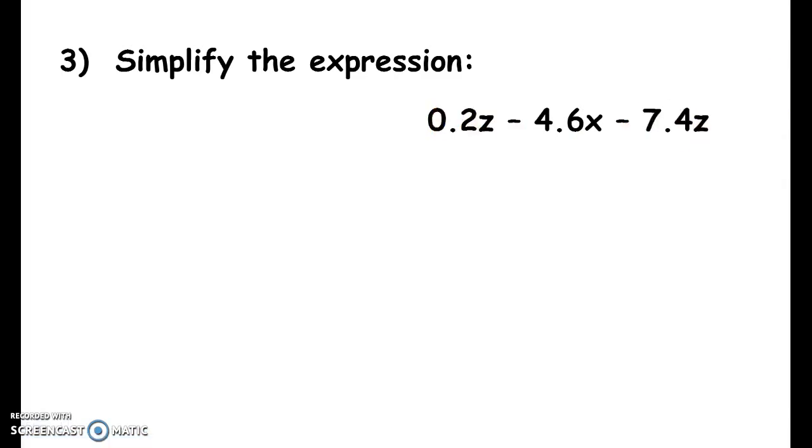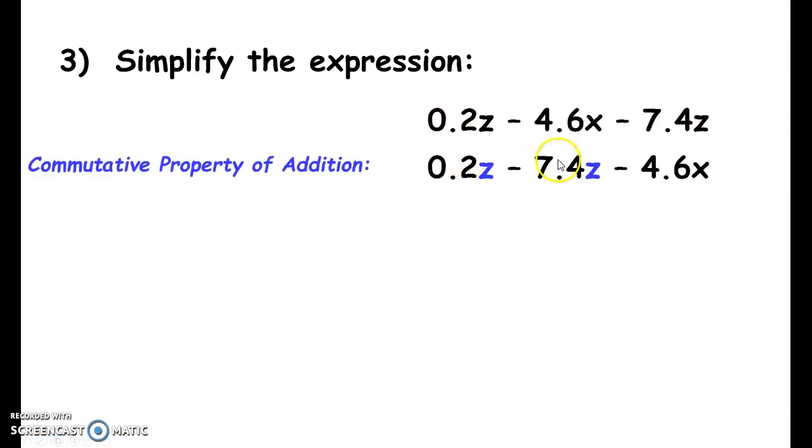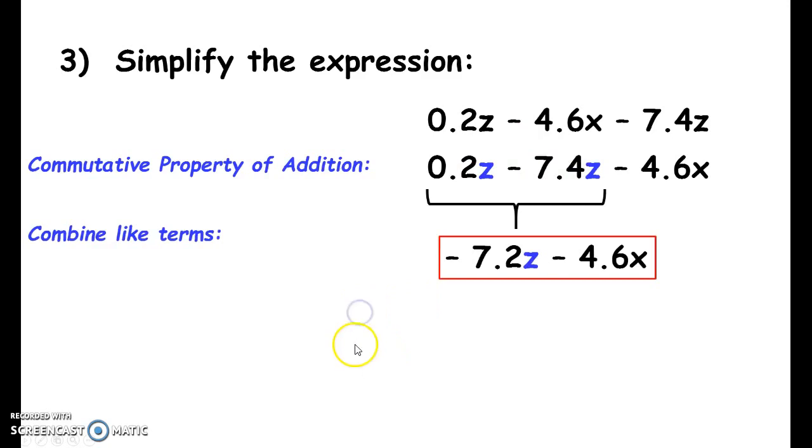Please use your calculator if you need to. I just moved the two together, and you can do that because of commutative property of addition. Combining like terms, you get -7.2z plus 4.6x. Because it's not an equation, you cannot solve for the variable. You can only simplify the expression.